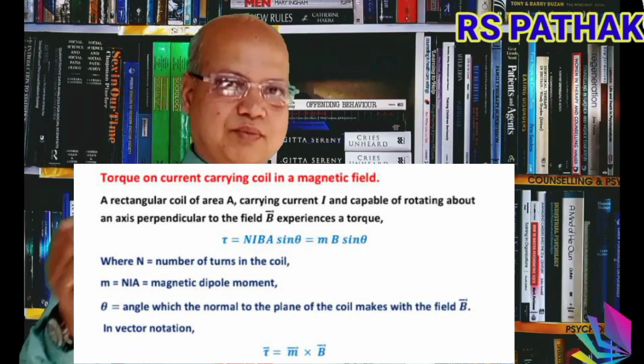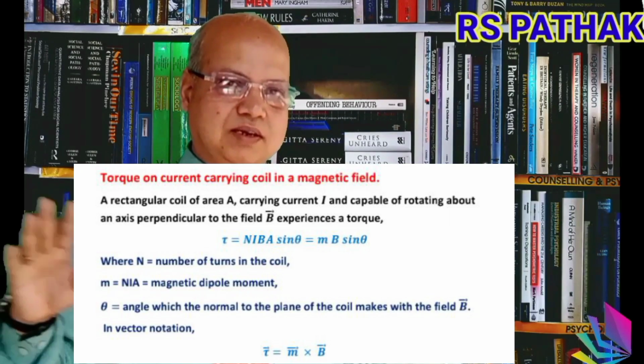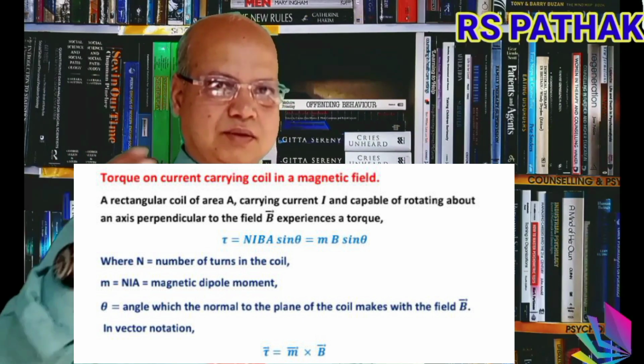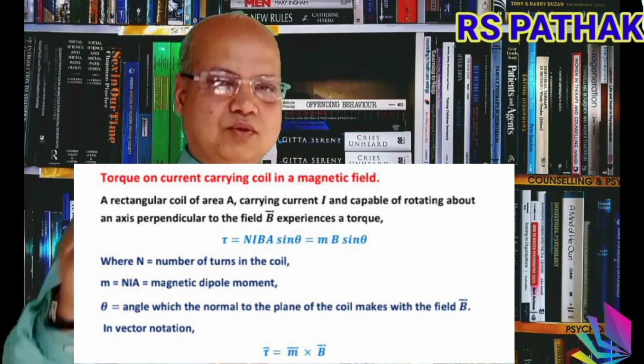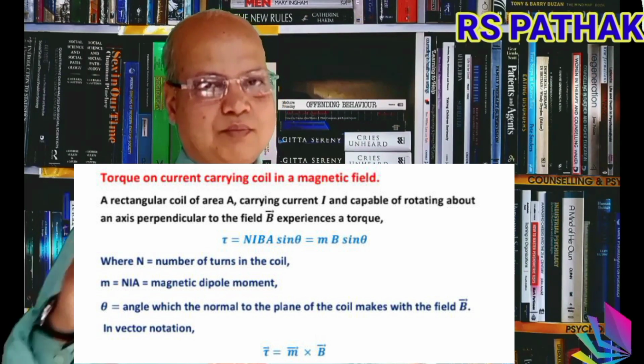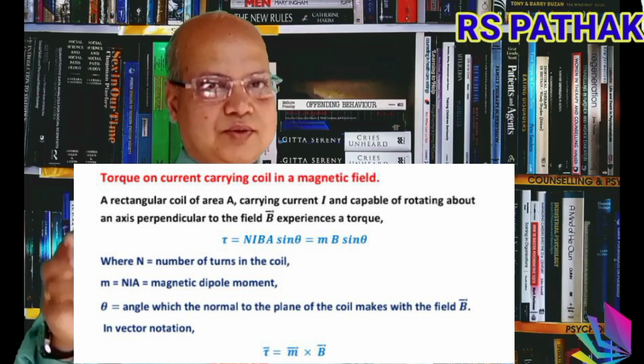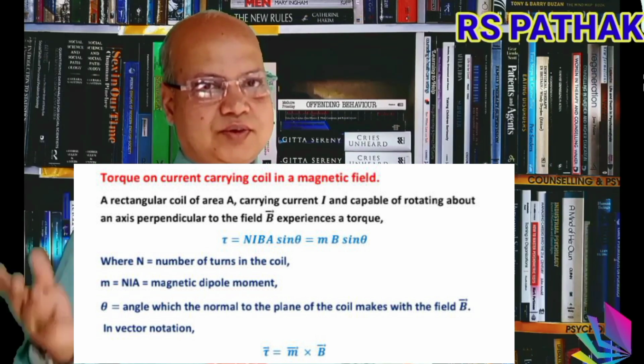Now I will talk about torque on current carrying coil in a magnetic field. A rectangular coil of area A carrying current I and capable of rotating about an axis perpendicular to the field B experiences a torque.